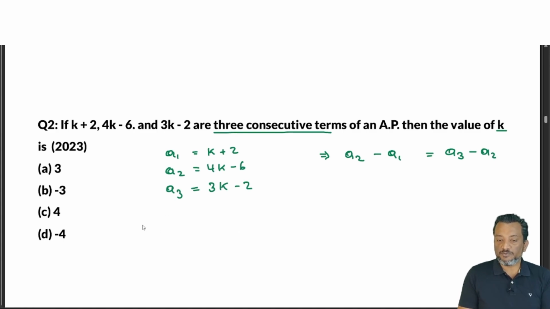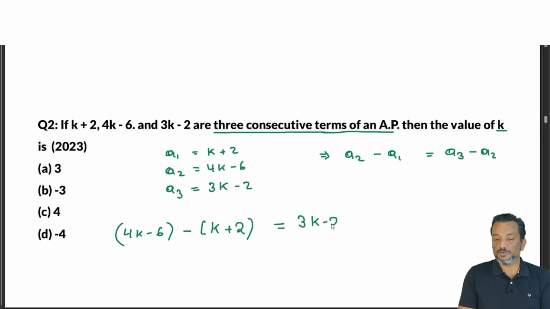So same way we can substitute the values here. So a2 is how much? 4k minus 6, because it is already said to be in the form of AP. So that's why we are going with that. Same way you can say k plus 2 is a1, and a3 is how much? 3k minus 2, and minus a2. a2 is how much? 4k minus 6.